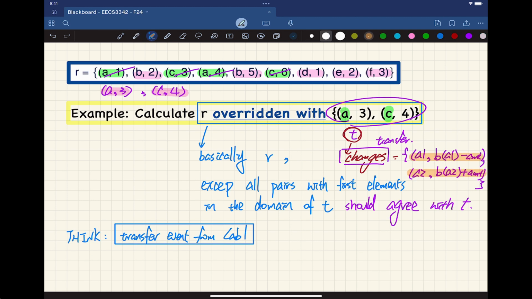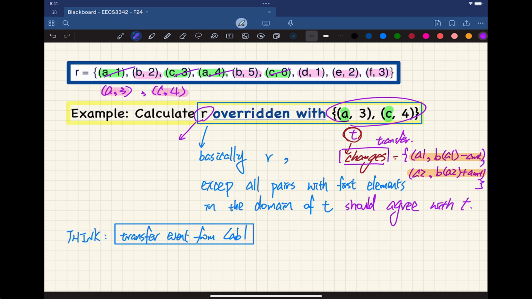But why are we doing overriding? Think about it: these are the only two accounts that should be changed. For A1, this will be the new balance. For A2, this will be the new balance. And when we say the original relation, in this case, it will be just B, the bank.